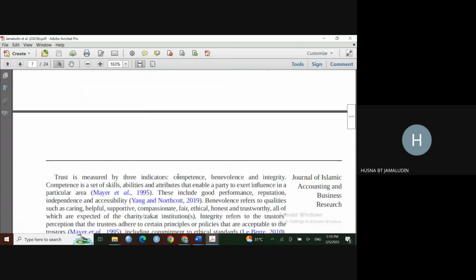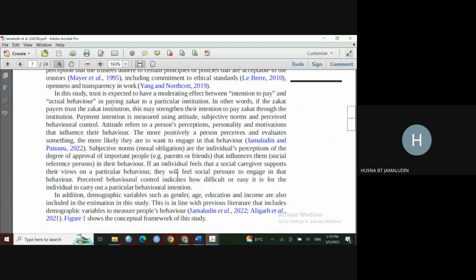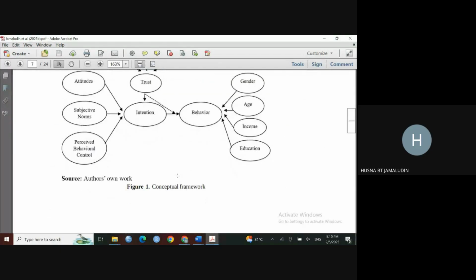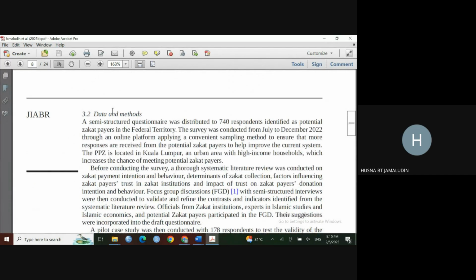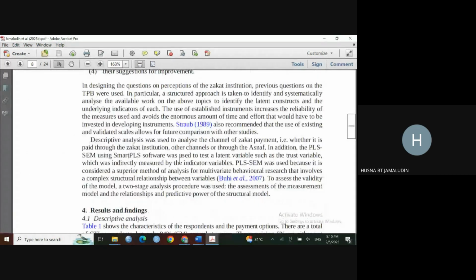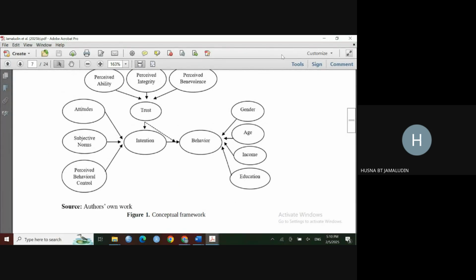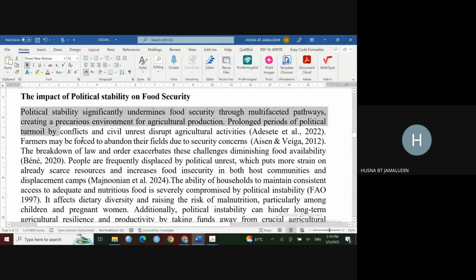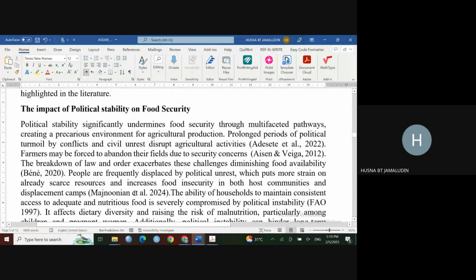You can see these are all the literature review. And then under the data and methods, for the variables, it's about 2.5 pages. Many things that we want to review. But here, just one paragraph. So one paragraph is not sufficient.